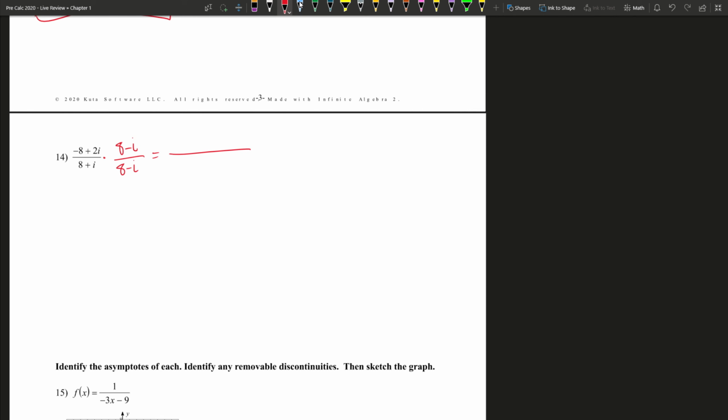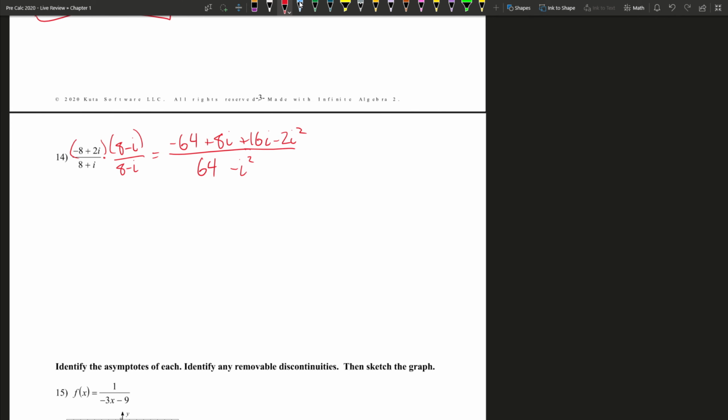Right, so when we FOIL that up top, we get negative 64 plus 8i plus 16i minus 2i squared. And on the bottom, we just get 64 minus i squared.